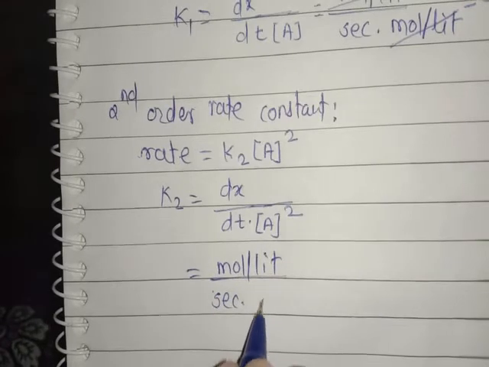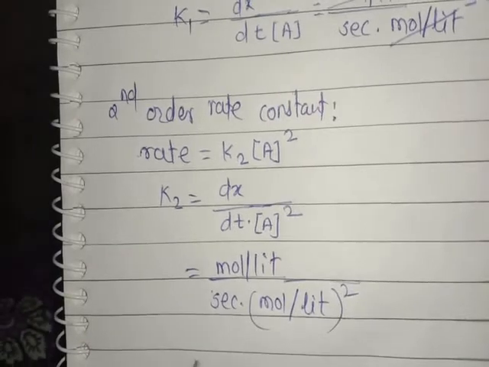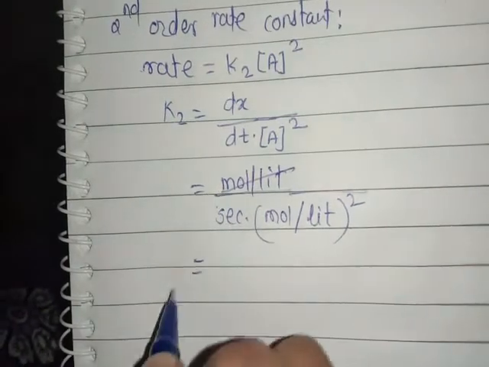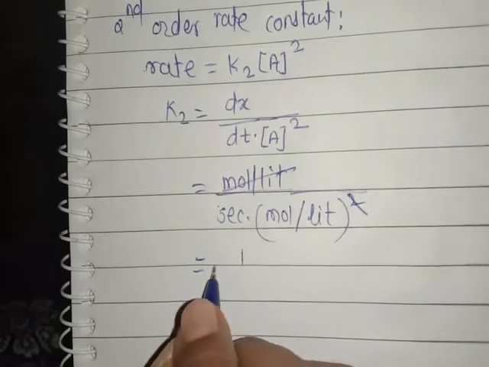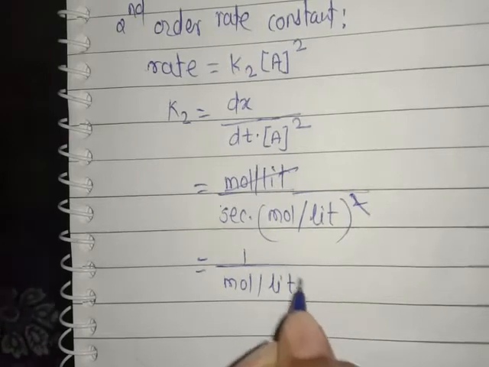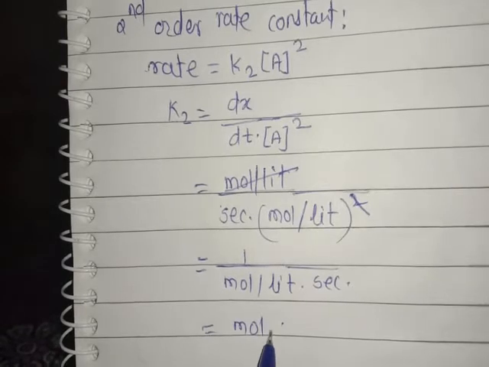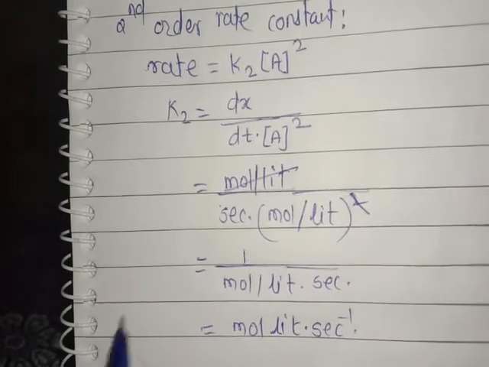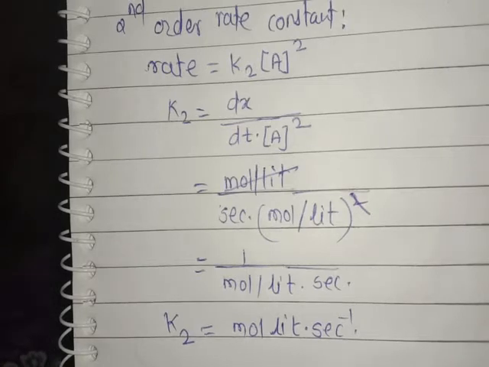Here the moles per liter is in brackets squared. So how is the simplification done? One moles per liter is cancelled here and only one is remaining. Therefore what is remaining here? One upon moles per liter into second. Therefore we can write here liter per mole per second. That is the rate constant unit for a second order reaction.